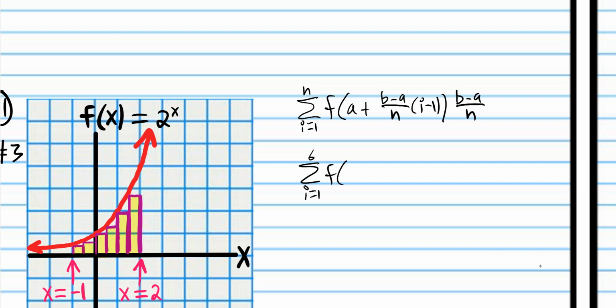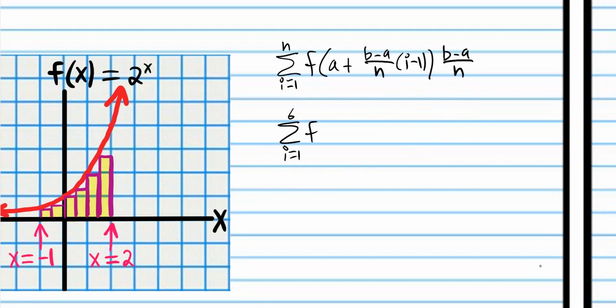And if you want to, you can go ahead and write 2 to whatever this is if you prefer to do things that way. So we have -1 is a, 2 minus -1 over 6 times I minus 1 times 2 minus -1 over 6.